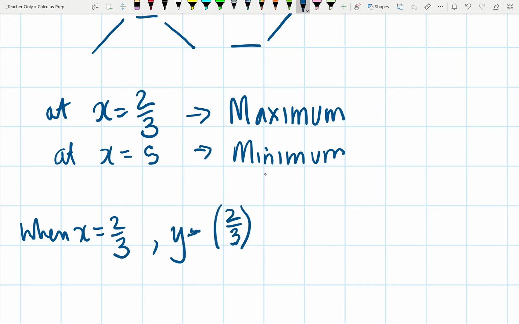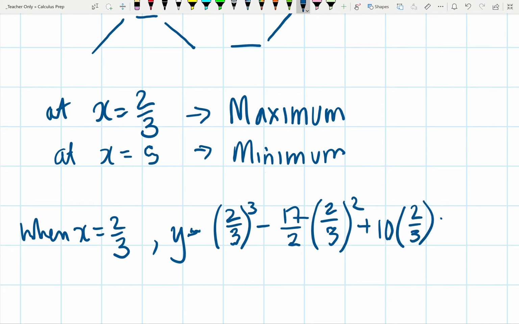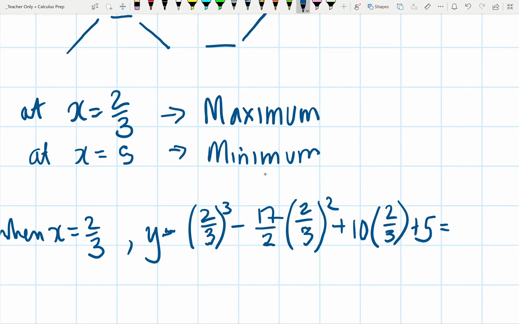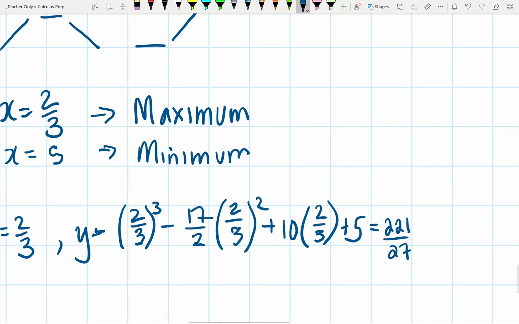So 2/3 cubed minus 17 halves times 2/3 squared plus 10 times 2/3 plus 5. Put that into your calculator and we get 221 on 27, which is approximately 8.19.